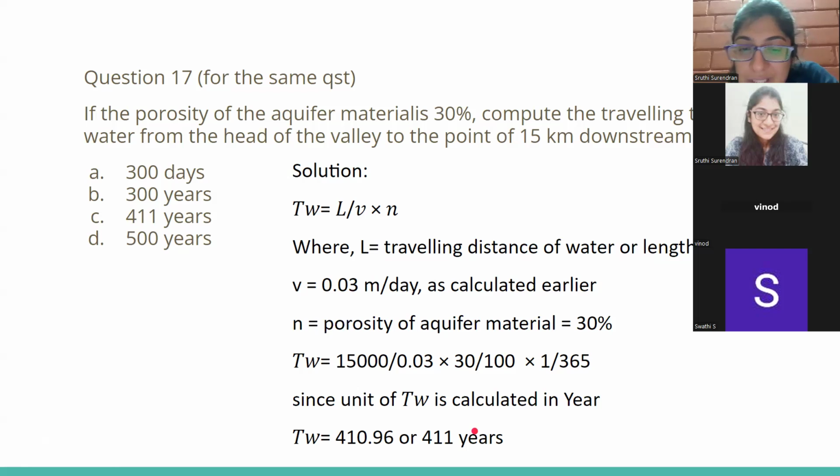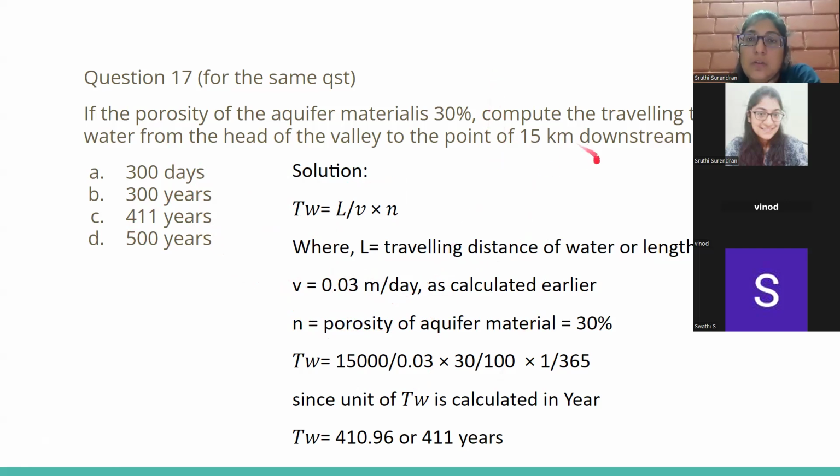You don't have to actually change all this. You can simply do 15 divided by 0.03 into 15 divided by 3. Unlike what is given in that equation, you will have to make use of the correct units.